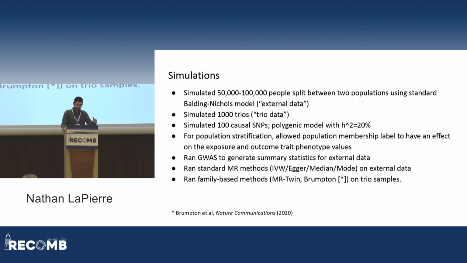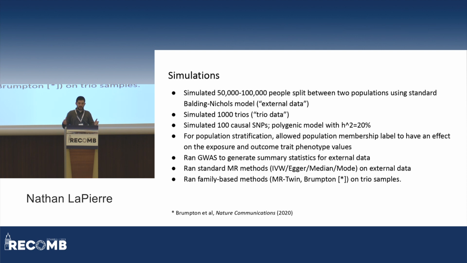For a variety of settings, we simulated 50 to 100,000 individuals, split evenly between two populations using the Balding-Nichols model. We call this the external data, which you run standard MR methods on. We also simulated 1,000 trios, which we call the trio data, that we can run our method on.